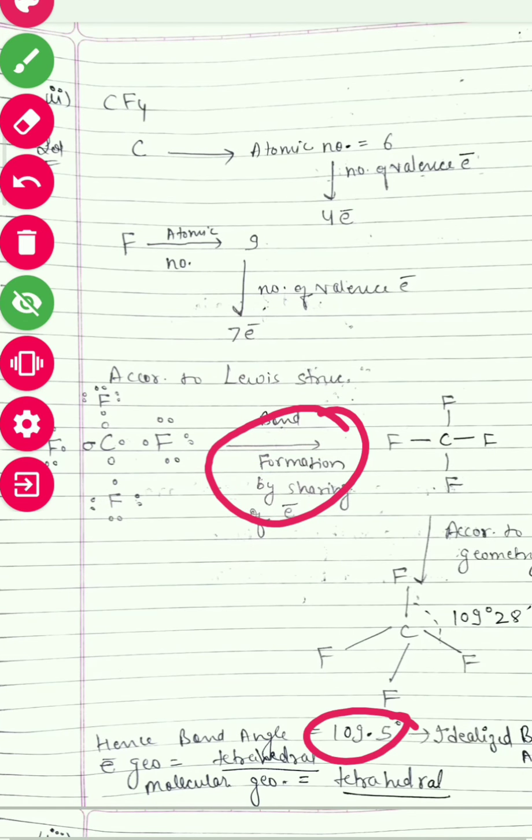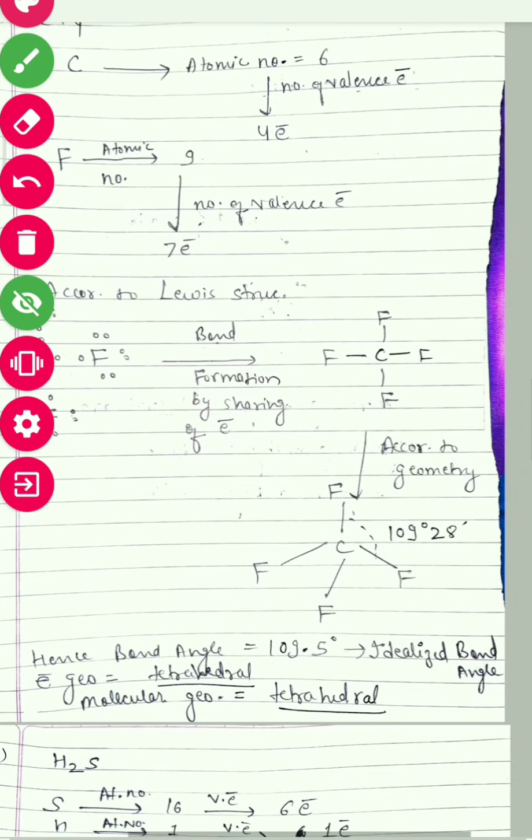It means the electron geometry is tetrahedral, while the molecular geometry is also tetrahedral because it has no lone pairs. So it has bond angle 109.5 degrees, which is the idealized bond angle.